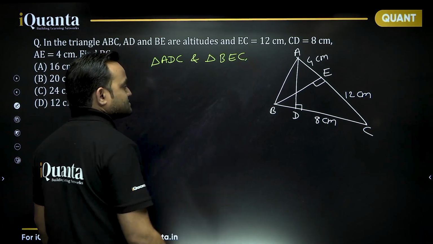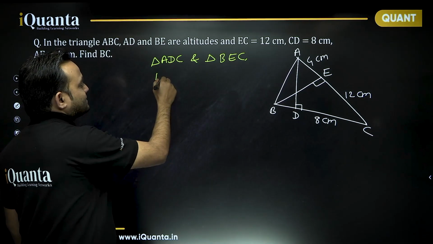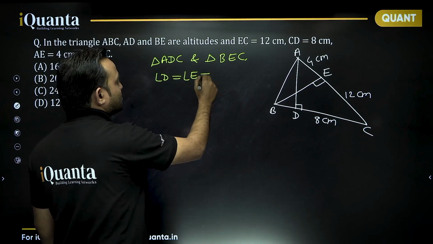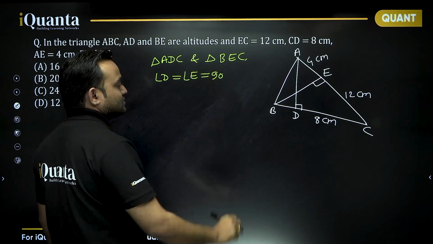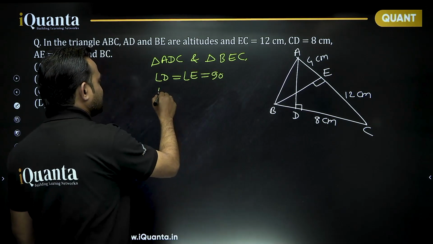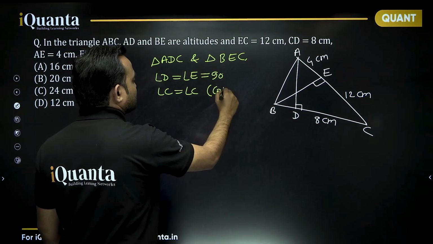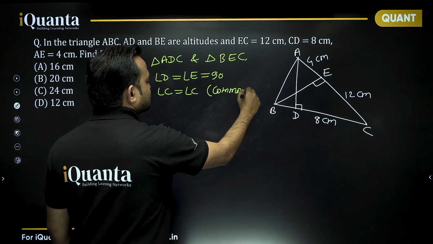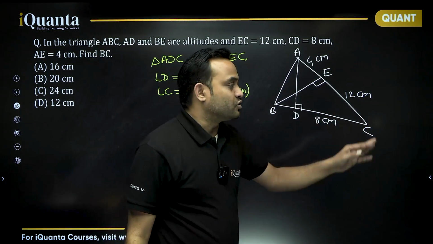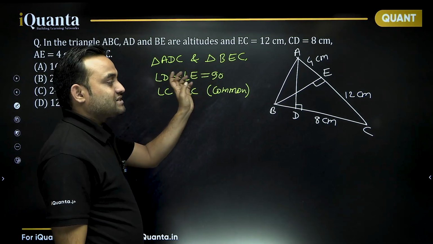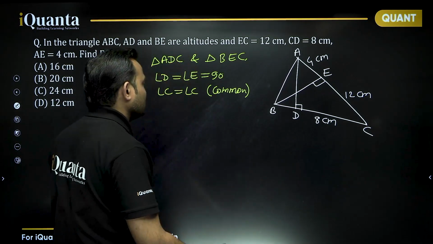What we can say is that angle D is equal to angle E, which is equal to 90 degrees, right? Then angle C is equal to angle C, which is common in both triangles. Then if two angles are equal, can we say the third angle will automatically be equal?